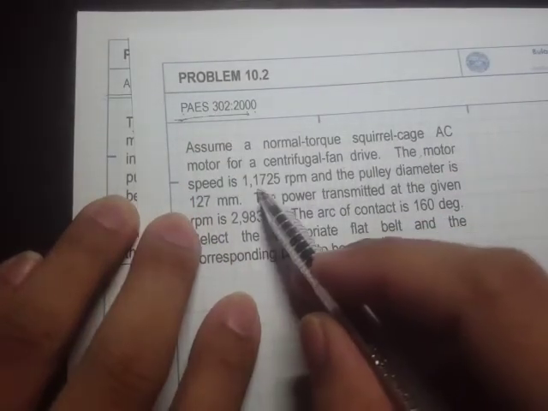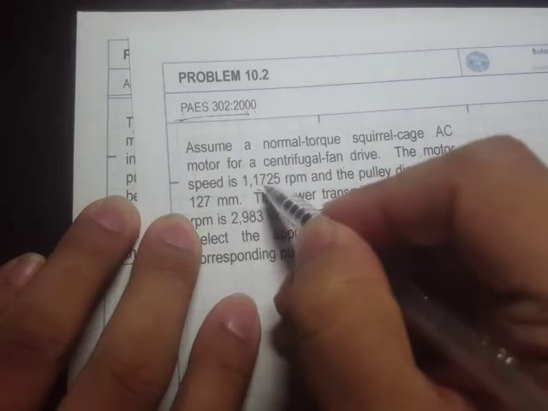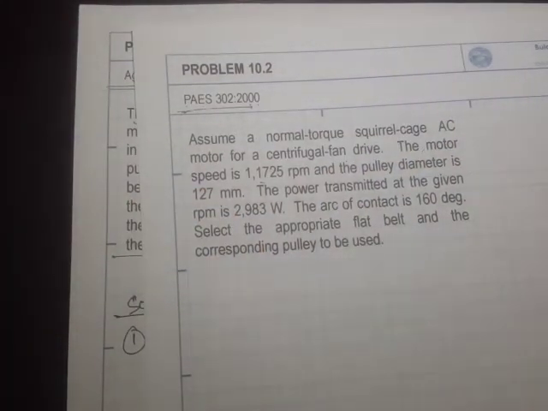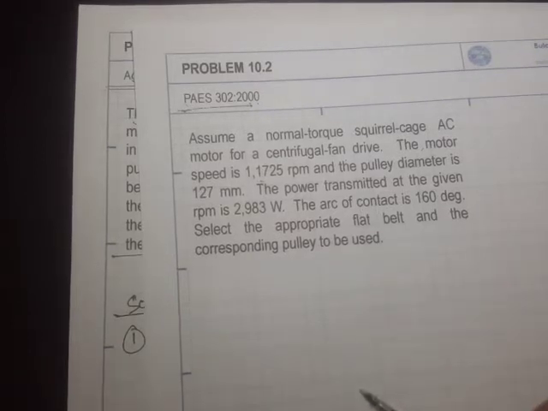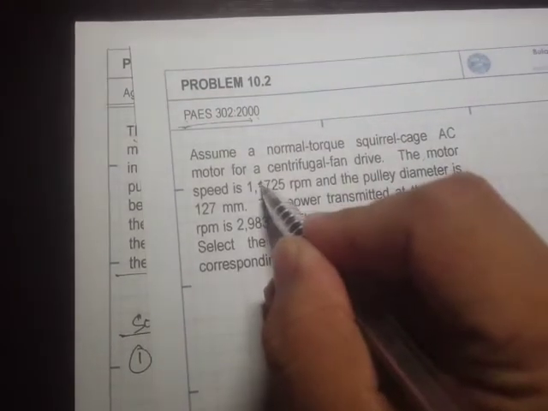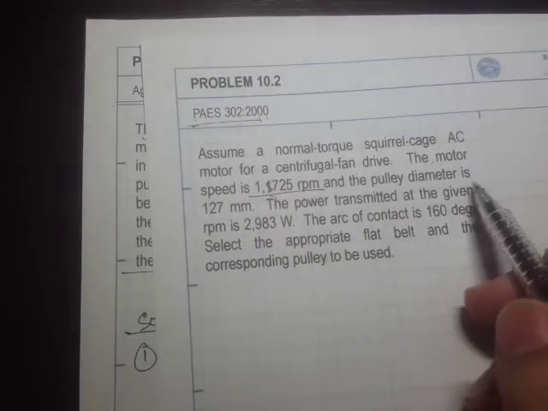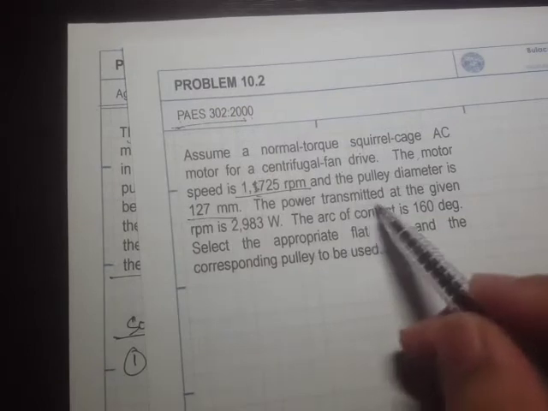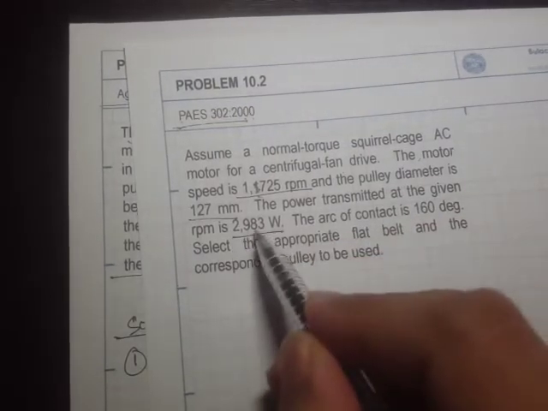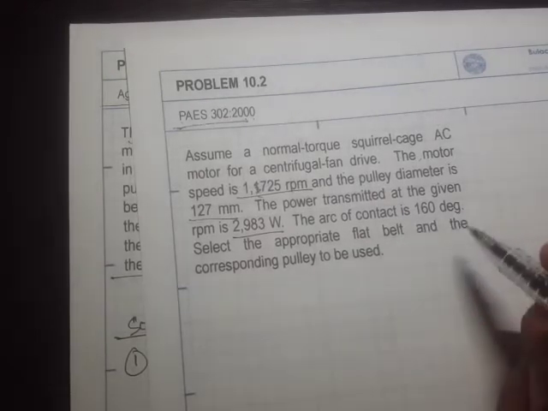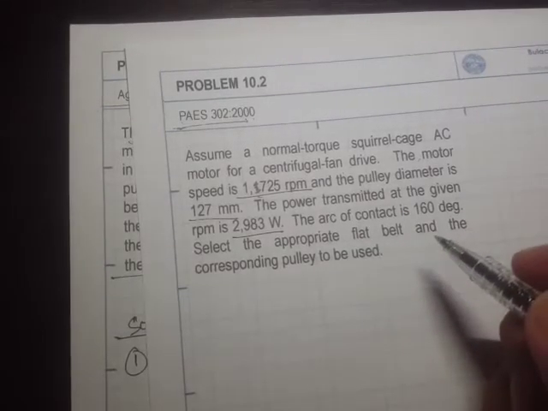The motor speed is 1,725 RPM, and the pulley diameter is 127 mm. The power transmitted at the given RPM is 2,983 watts. The arc of contact is 160 degrees, and select the appropriate flat belts and the corresponding pulley to be used.